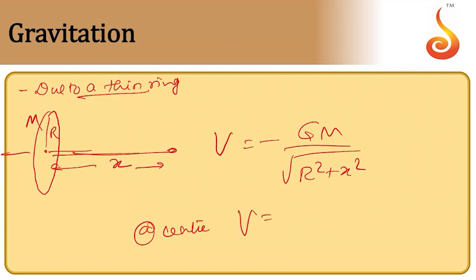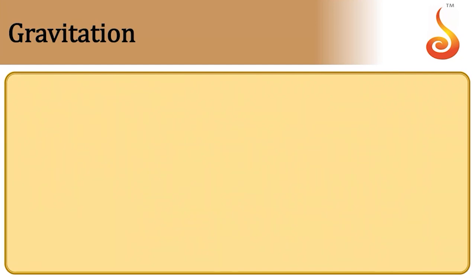At the center, I can put x is equal to 0, and I am left with minus GM divided by r, which means that this is as good as the potential due to a point mass located anywhere on the circumference of this ring. So it is as good as the idea of potential due to a point mass. So there are some basic ideas regarding the gravitational potential.